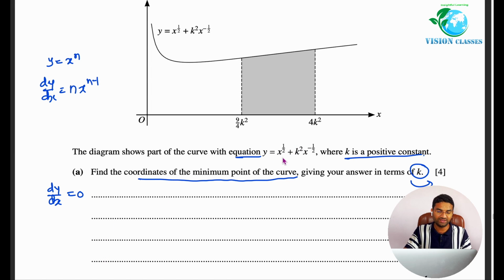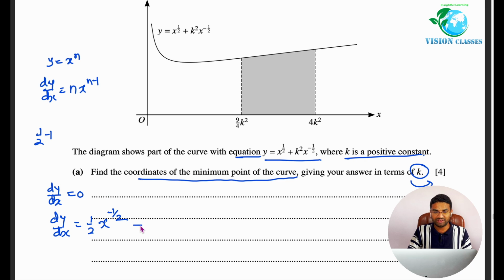So here we have the equation y = x^(1/2) + k^2 x^(-1/2). So dy/dx = 1/2 x^(1/2 - 1), which is x^(-1/2). I'm writing it straight away because I know it: 1/2 minus 1 is just negative 1/2.